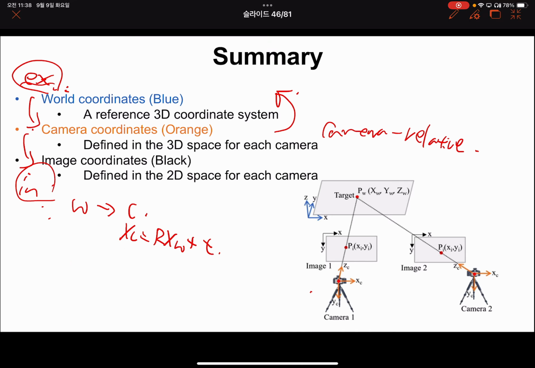We can just invert it. Then xw is R inverse times xc minus t, right? There's no information loss. We can change world to cam or cam to world. If we have extrinsic camera parameters, there's no ambiguity. Just the 3D rotation, 3D translation, that's all.